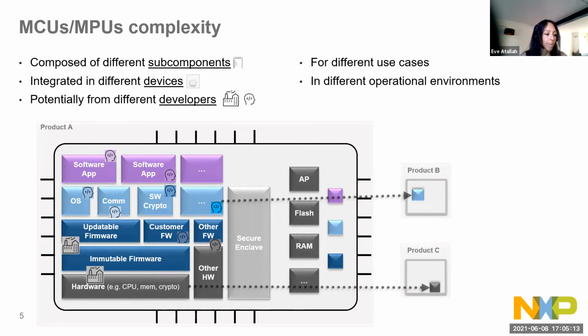Also, from a manufacturer point of view, his product could be integrated in many different devices. So it is also needed that the effort to provide evidence by the manufacturer for IoT device levels can be reused and is not repeated for each IoT device case.